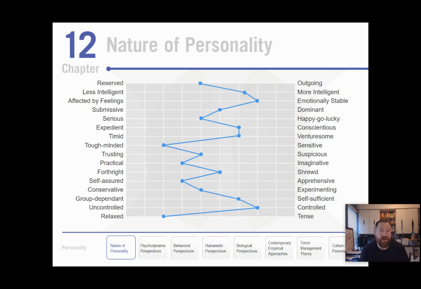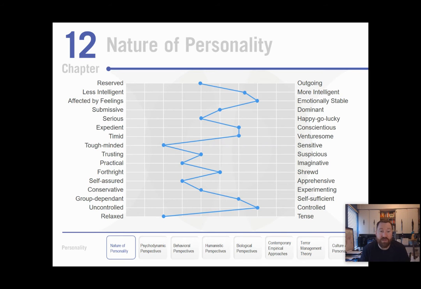And you can see that they're based off of a range. Just going at the top, it's pretty obvious how this works. Are you outgoing or reserved? Are you more affected by your feelings or more emotionally stable? Are you tough minded or are you sensitive? Are you self assured or are you apprehensive?